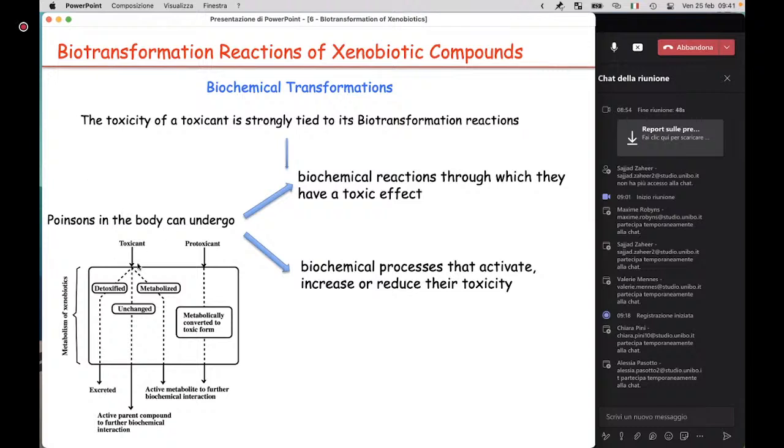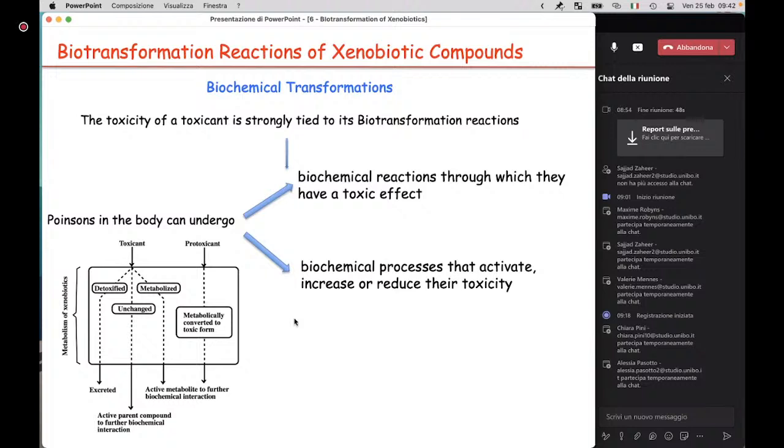Usually, most compounds are modified in the body. Some compounds or some part of the total dose of a compound can stay the same within the body and be finally eliminated or stored in some tissue exactly as it was absorbed. But this is not the most usual thing that happens.